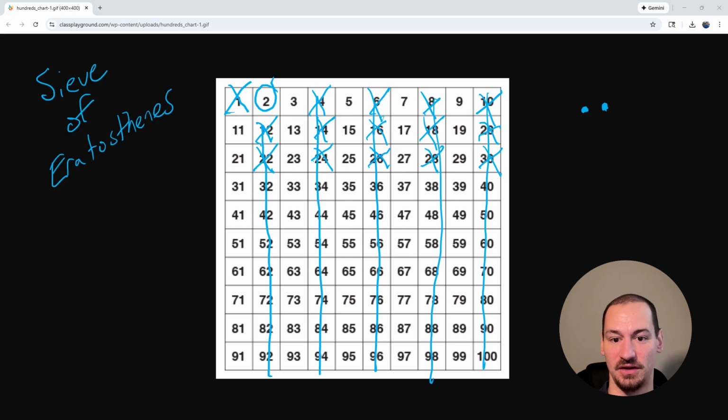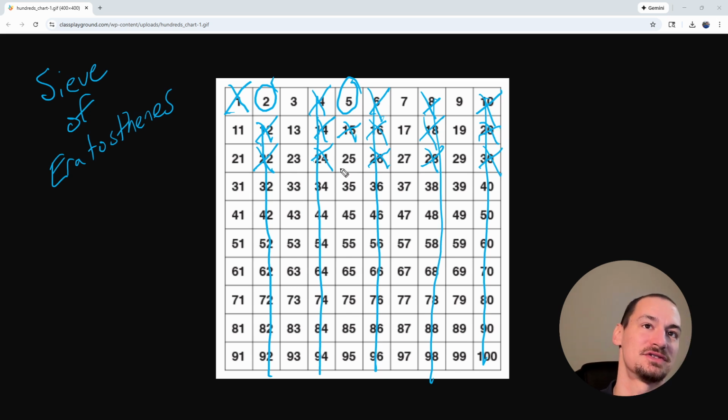So let's continue this exercise with other numbers. I'm going to skip over 3 real quick, and when I come back to it you'll see why. But let's jump to 5. We're going to circle 5, and then cross off every multiple of 5. So 5 plus 5 is 10, 10 plus 5 is 15, so we're crossing that off. 15 plus 5 is 20, 20 plus 5 is 25.